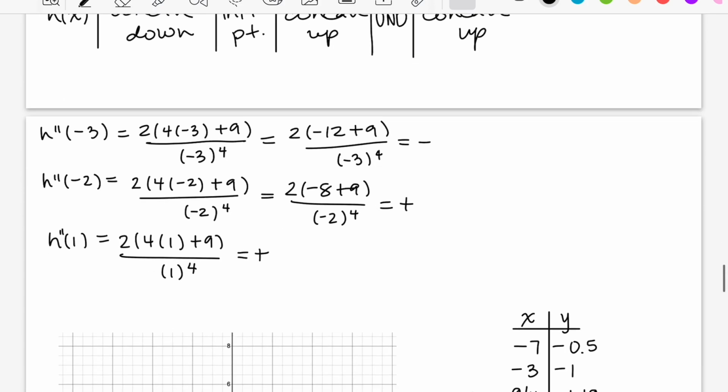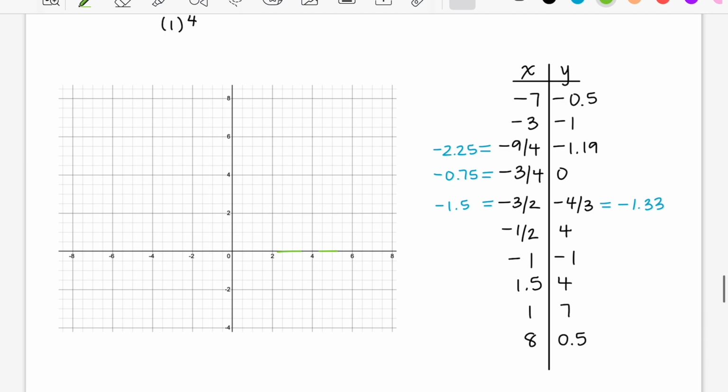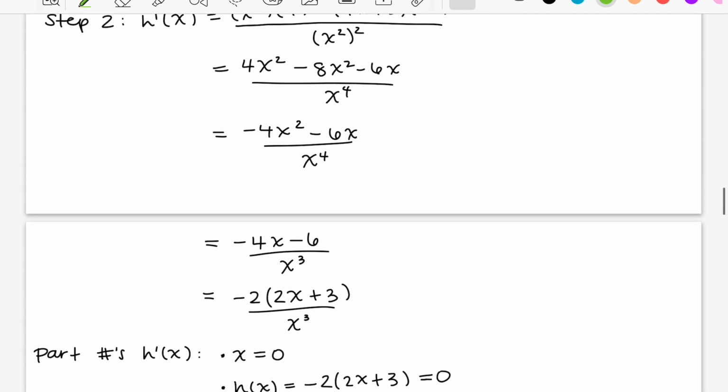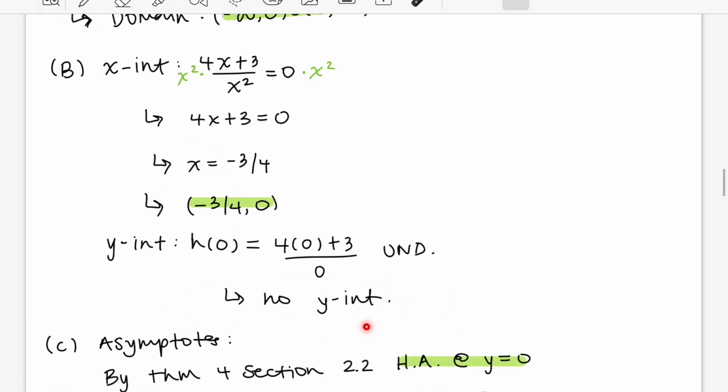All right. So the first thing we'll do is plot our asymptotes and our x and y intercepts. So we know from step 1 that we have a vertical asymptote at x is equal to 0 and a horizontal one at y is equal to 0. We also know that we don't have any y-intercepts, but we do have this x-intercept here.